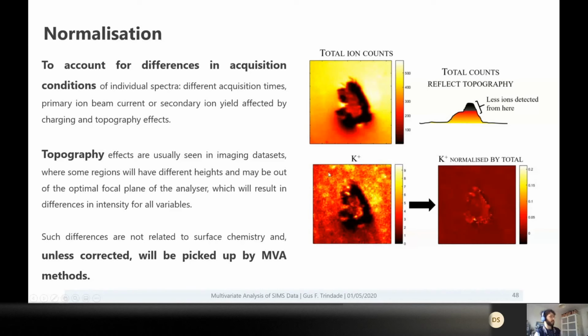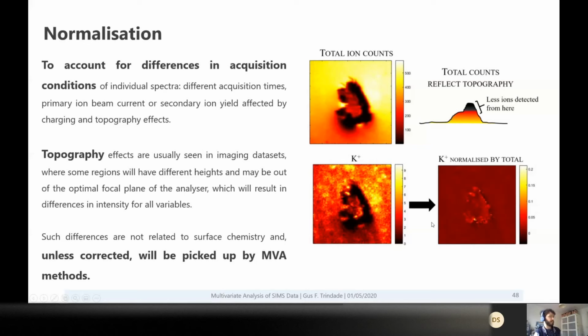You correct. For example, for the potassium signal, the intention is to flatten it. All this contrast here is to do with topography, and you don't want to find this out with your MVA. You want to find out about the chemistry. So you try to flatten. But this is a real example, and it's not perfect several times.